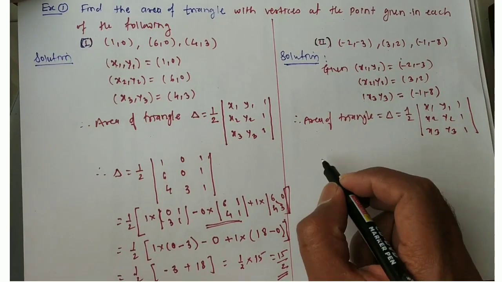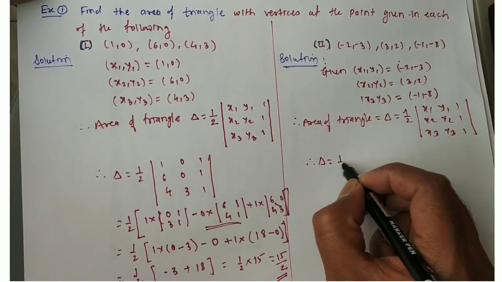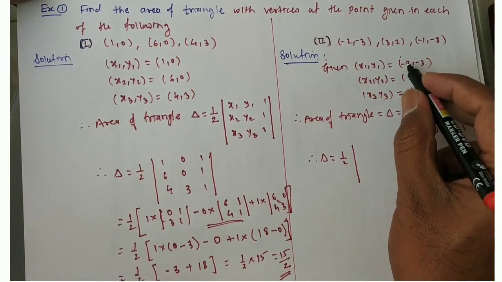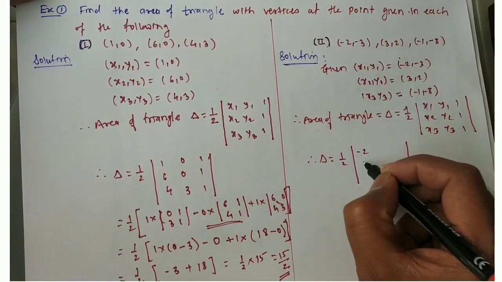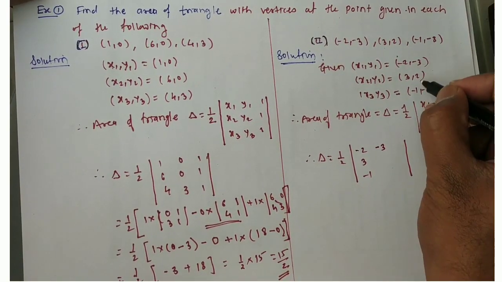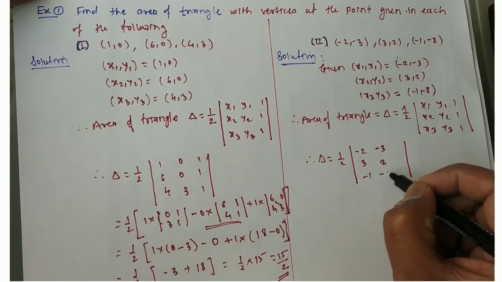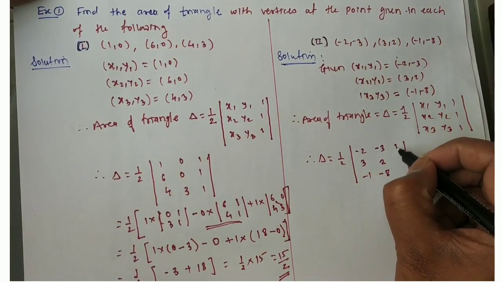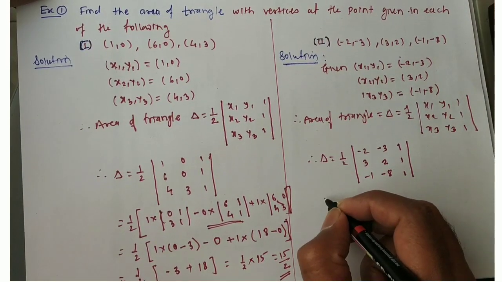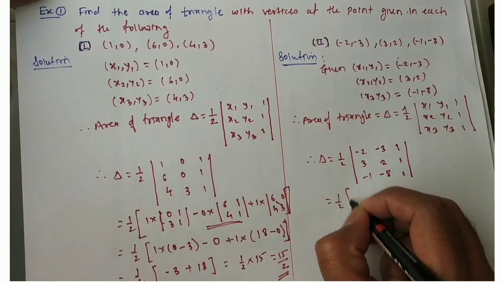Now substitute all the values. So del is 1 by 2 into the determinant with x column minus 2, 3, minus 1, y column minus 3, 2, minus 8, and third column 1, 1, 1.